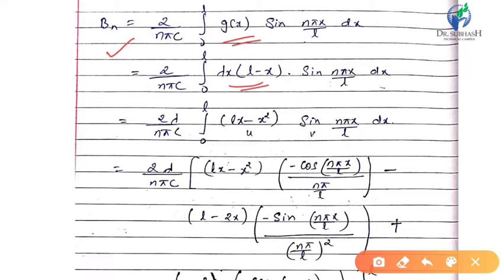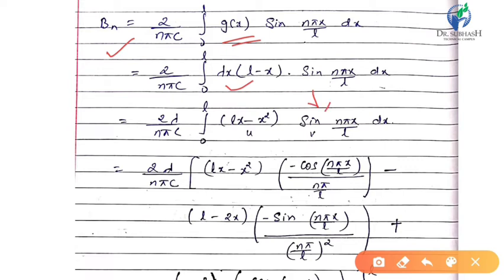I will take this λ common out, and multiply this x with this bracket. So I will get Lx − x², and this sine term will be as it is.